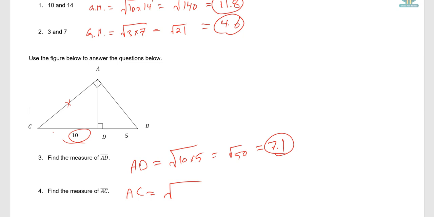So AC is equal to the square root of the product of the full hypotenuse, 15, and the segment closest to the side in question, CD, 10. 15 times 10, the square root of 150, which is 12.2 units.